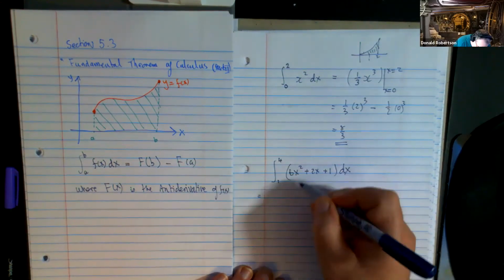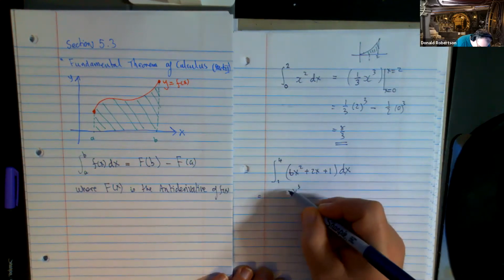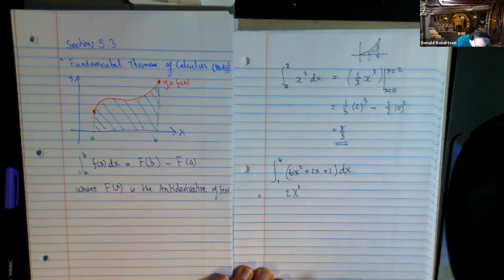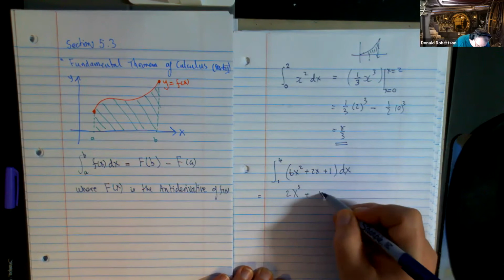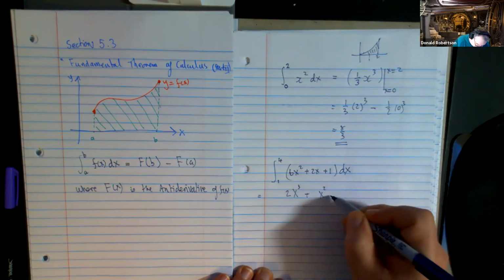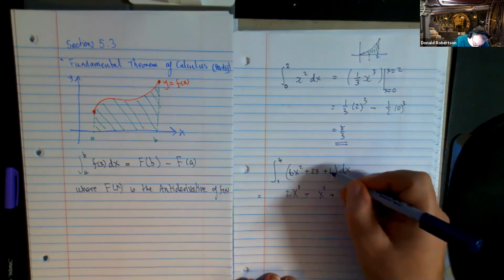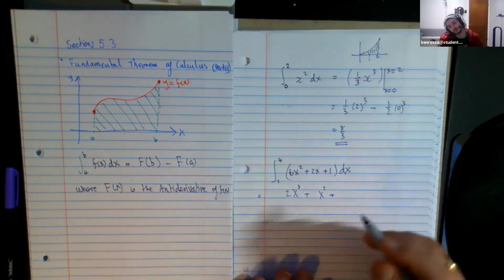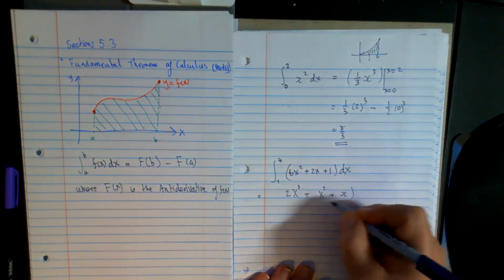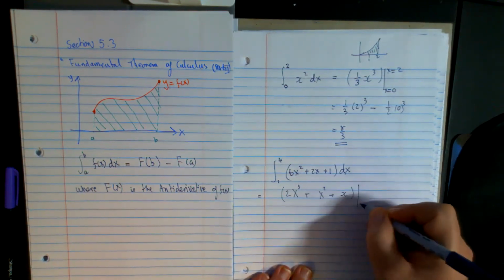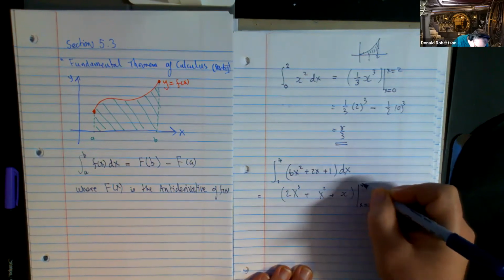Antiderivative. Add 1 to the power. Divide by the new power. Add 1 to the power. Divide by the new power. What will the number 1 get me when I write its antiderivative? X. Yeah, 1x. Agreed. And then you do evaluated at x equals 1 to 4.